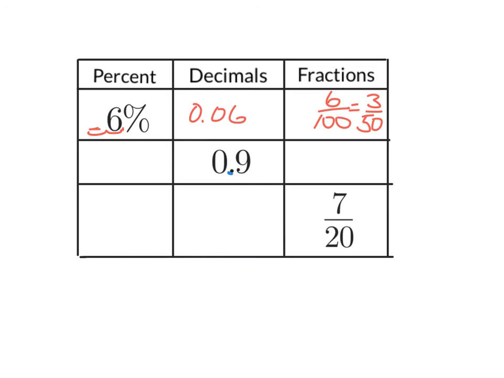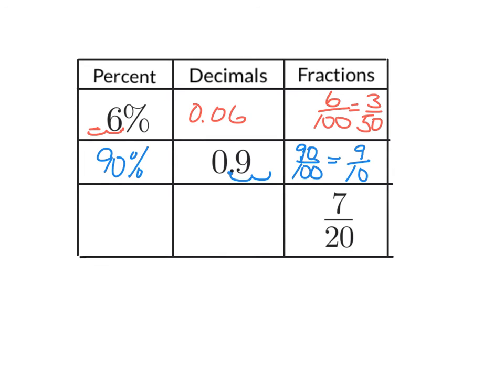So identify where the decimal point is and move it 2 places to the right. So this will become 90%. And then turn the percent into a fraction. So 90% would be 90 out of 100. And if we simplify that fraction, it'll simplify to 9 out of 10.